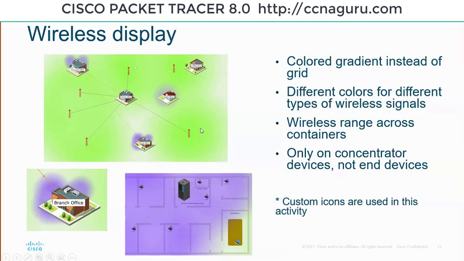For example, this green one is mobile networks. The purple is Wi-Fi. And also, wireless range goes across containers. So, for example, in this image, we have the branch office, and we clearly can see the Wi-Fi signal goes beyond the building, right, outside of the building.